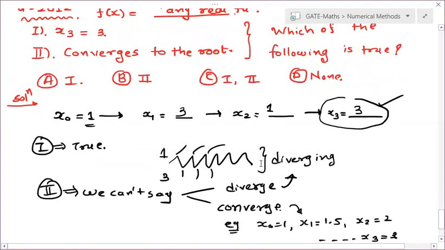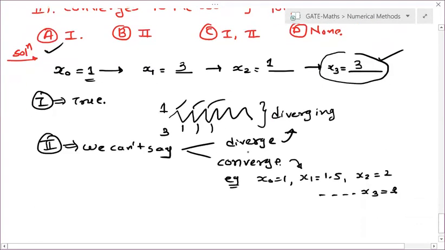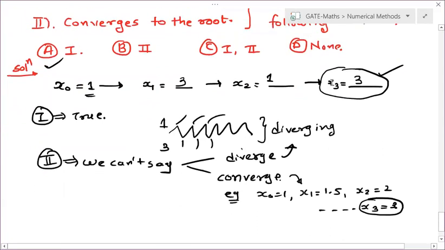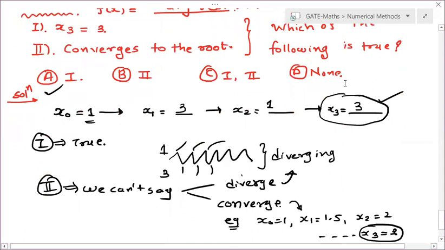So if f of x is any real valued function, and x0 is equal to 1, and they are asking which of the following is true, your answer should be A, only statement 1, because x3 can be 3. In both conditions, converging and diverging, I have kept x3 as 3 only. I have taken statement 1 as true, and based on this, I have tried to find that statement 2 can be true or false.